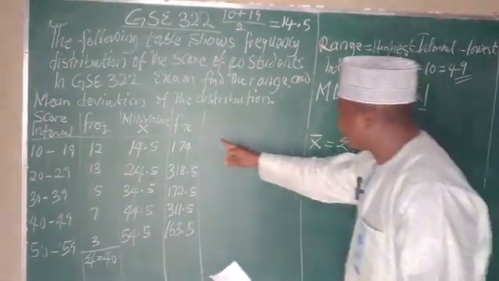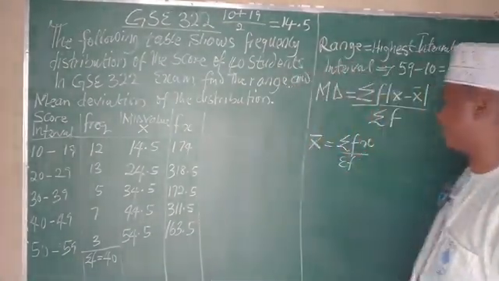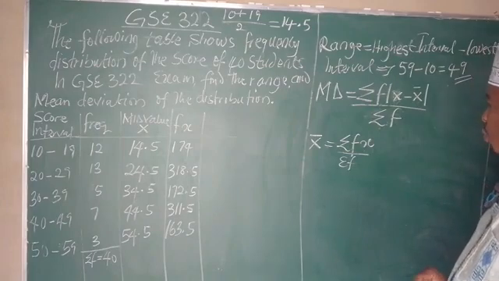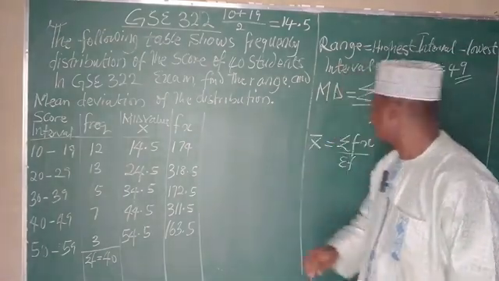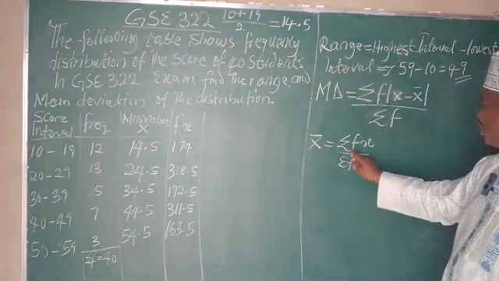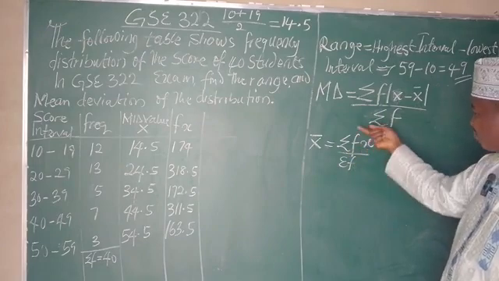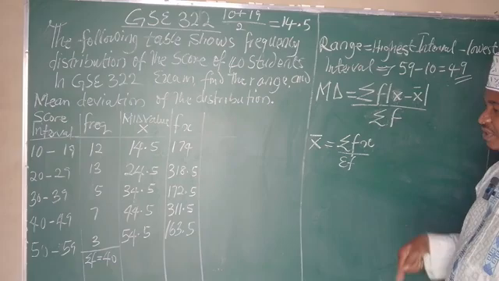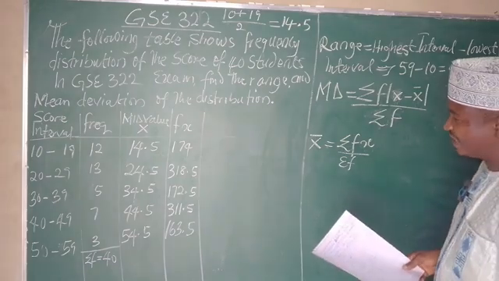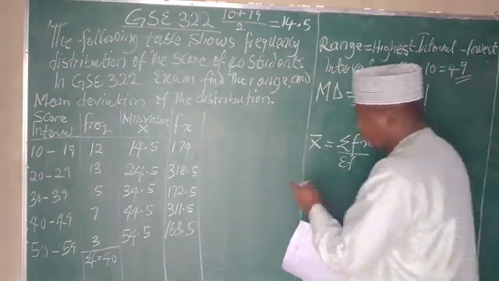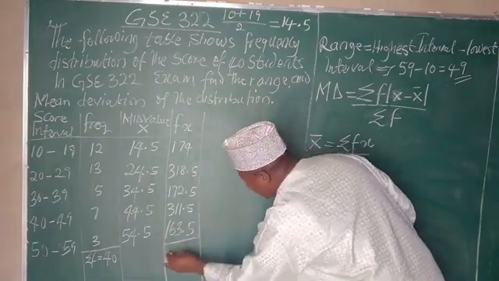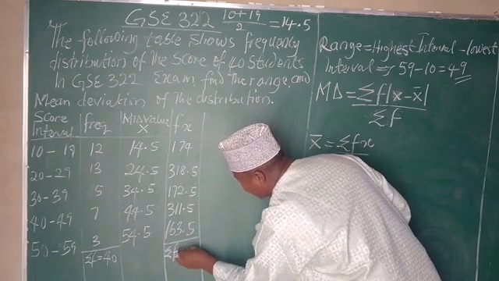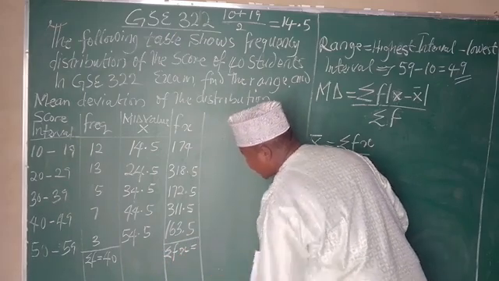Then we have gotten now our fx. So what do we do? This is fx, and the formula is saying summation of fx. It means we have to sum all the values of fx. So we have summation of fx.